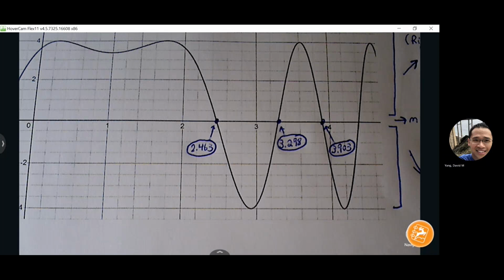Reset something. Scale with. Oh yeah. Let's go to.